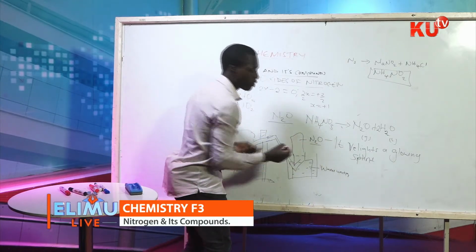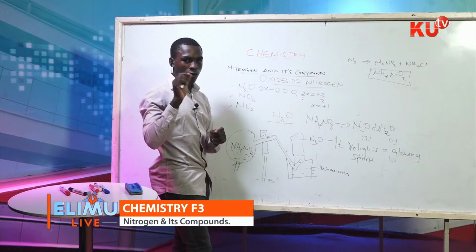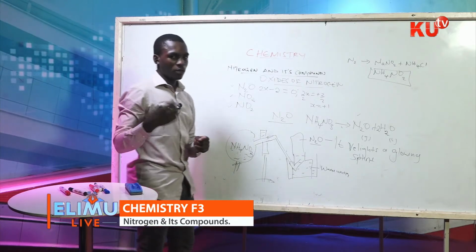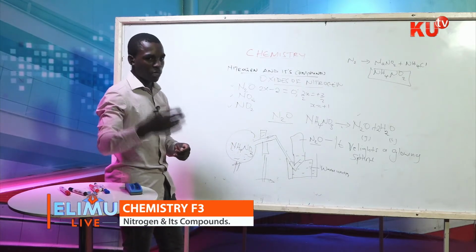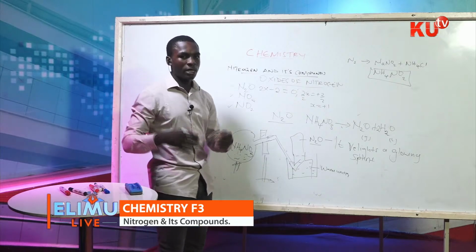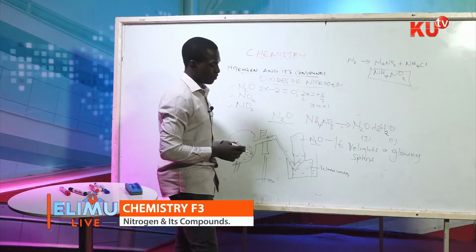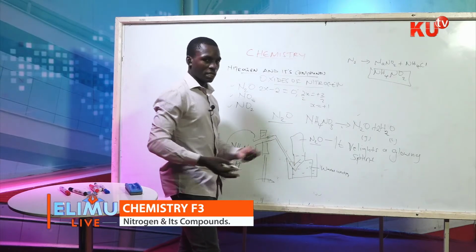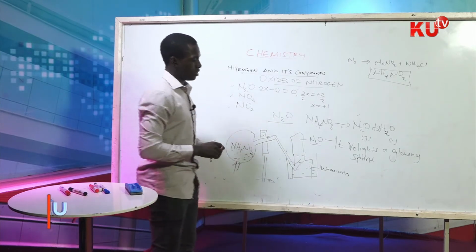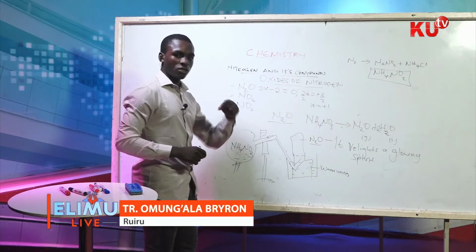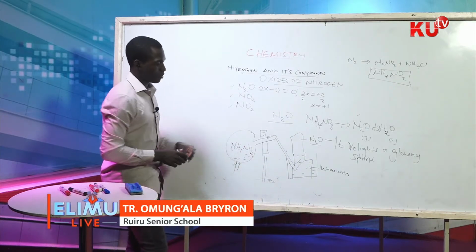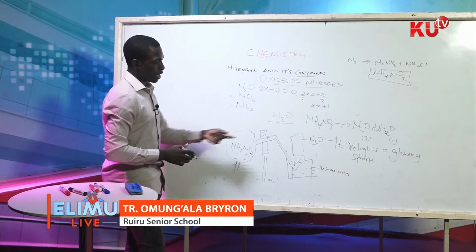That heat decomposes nitrogen 1 oxide into nitrogen and oxygen. That oxygen produced is the one that facilitates combustion, or keeps the magnesium burning. So if you meet such a question, don't get confused.